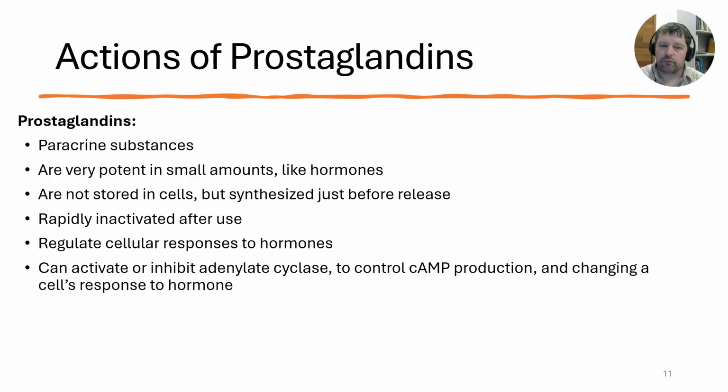Okay, so you can inactivate or activate something like adenylate cyclase so you can control that cAMP production that we just talked about. Okay, so if you're producing too much protein kinase, one way is the prostaglandin will inhibit adenylate cyclase, which will then control that cAMP production.